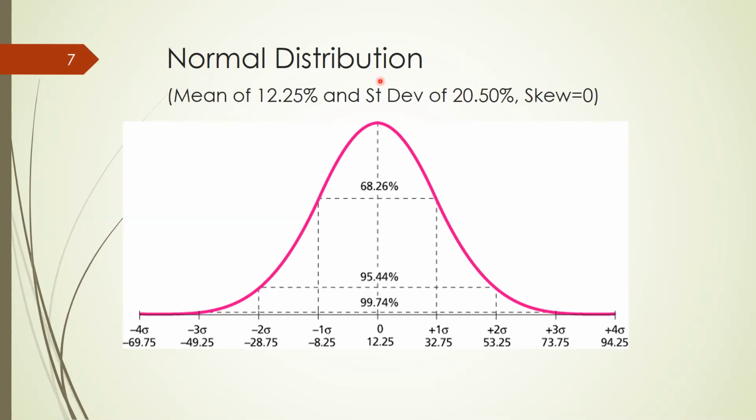So historically, the S&P 500 has a mean close to 12% and a standard deviation of roughly 20%. Therefore, this graph gives you an approximation of the typical annual rate of return of the S&P 500 to be observed in history.